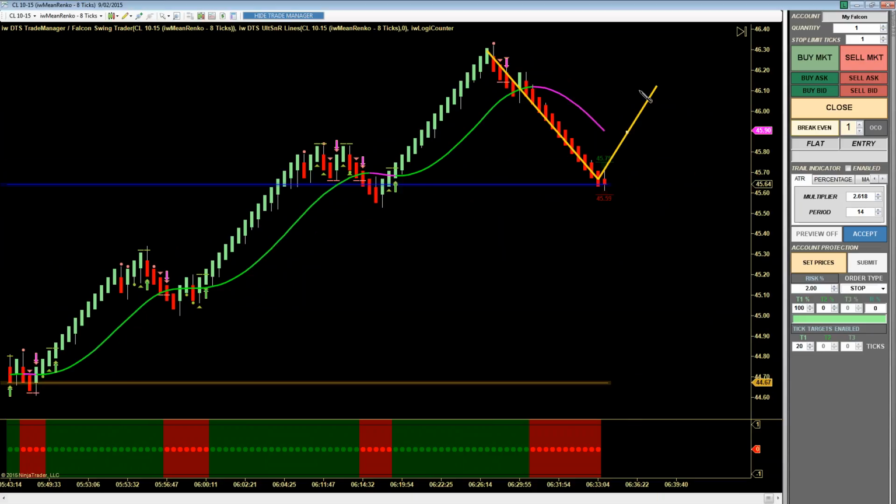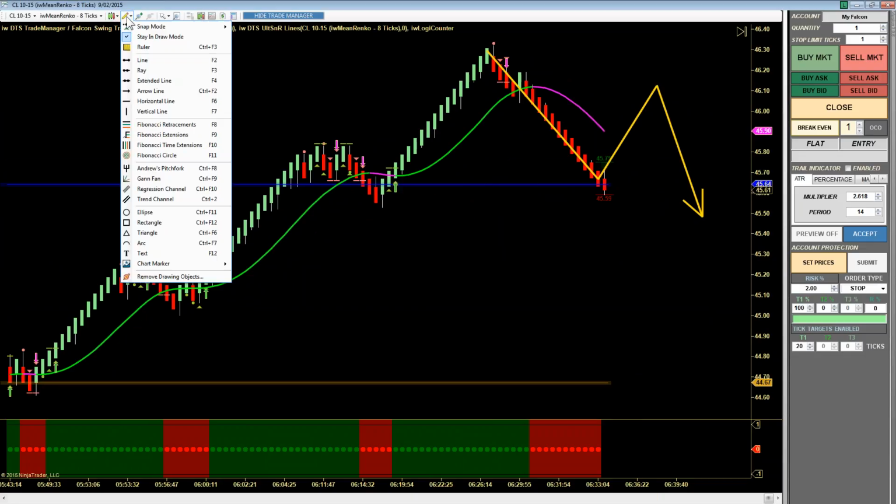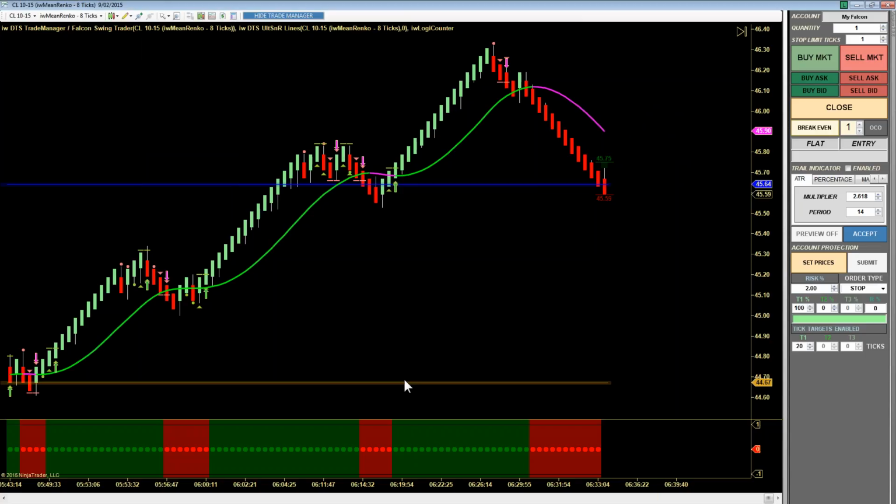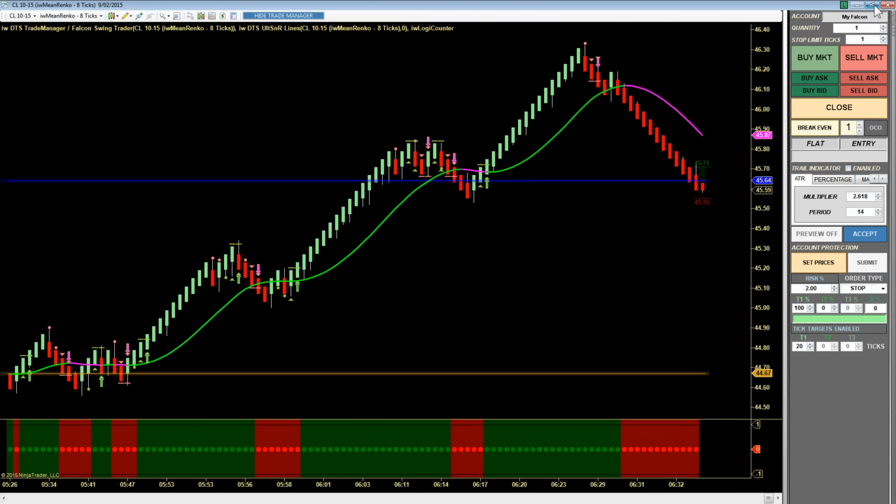We need to see the prices test the highs, turn over, and then we'll have a better idea which way this market is prepared to go. So at the moment, they're still searching for some buying support. And once we know where the buyers are, well, it'll make it that much easier to sell.